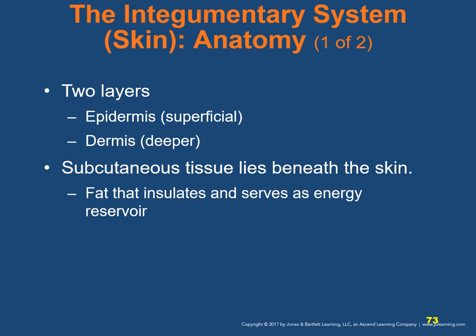Mucous membranes are moist, whereas the skin is dry. Below the skin lies the subcutaneous tissue, which is a layer of fat that serves as an insulator and energy reservoir.